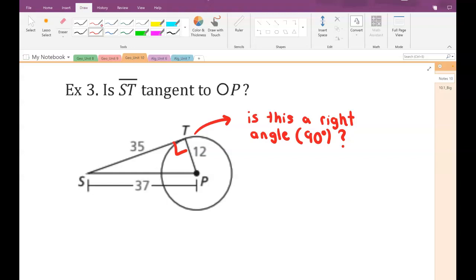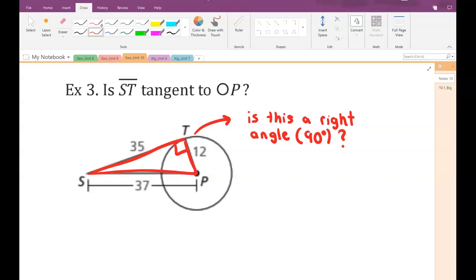So how to check if it's 90 degrees, we could go about it a lot of ways, but I think the easiest way to do it is, right here we essentially have a right triangle.